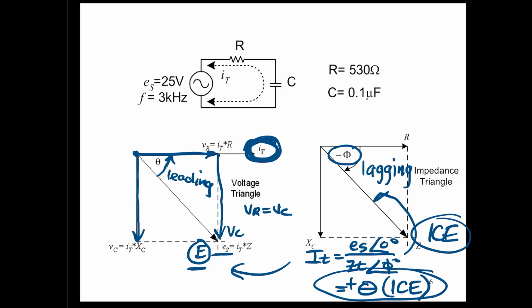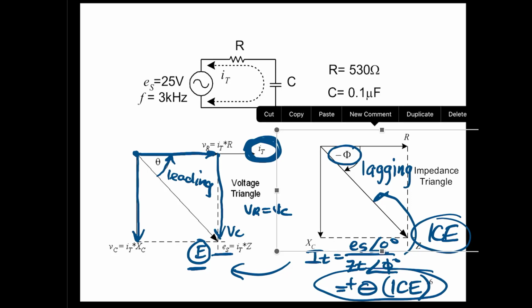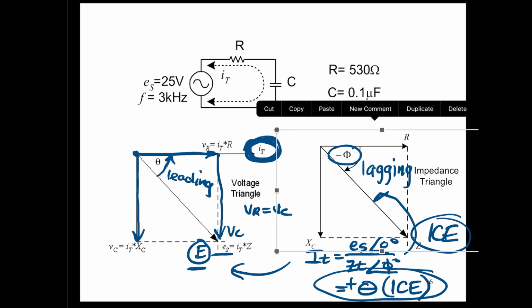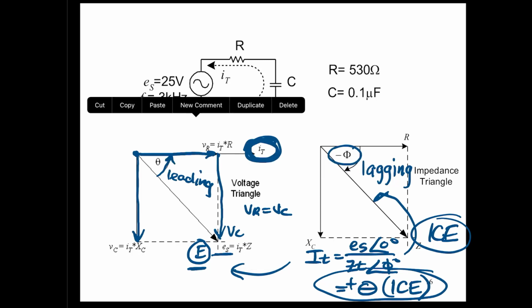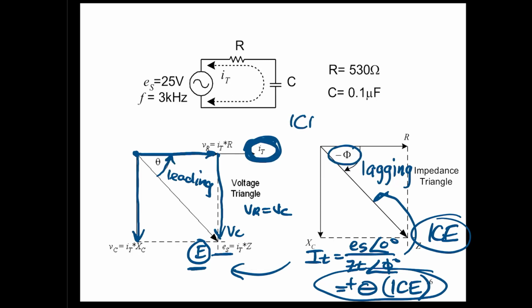And that's how I could say that I have a leading current here with respect to the applied voltage as reference. So ICE does apply and is confirmed. We have ICE being confirmed there.